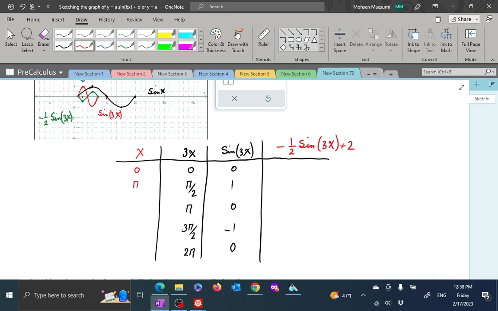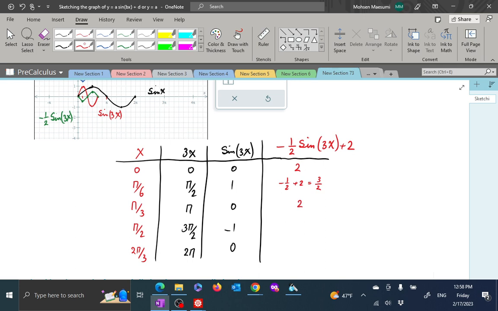Divide this by 3, divide this one by 3, this one by 3, and finally this one, 2 pi third. These are our angles. Taking these, first we multiply by minus 1/2 and then add a 2. So multiply by minus 1/2, this becomes 0, it's still 0, and add a 2. Multiply by minus 1/2, so it becomes minus 1/2, and then add a 2. So that's of course 3/2. This one again is 2.